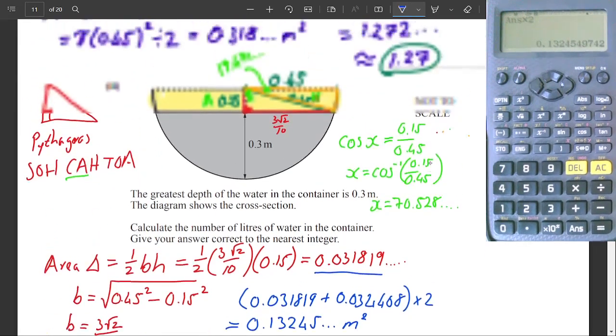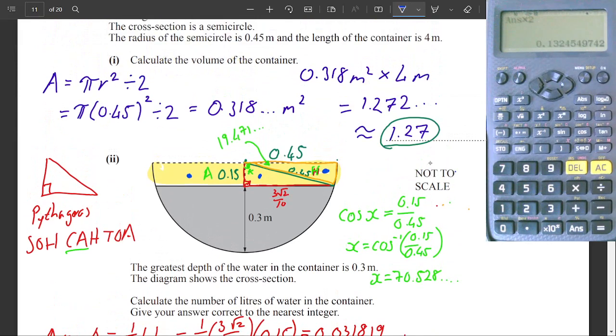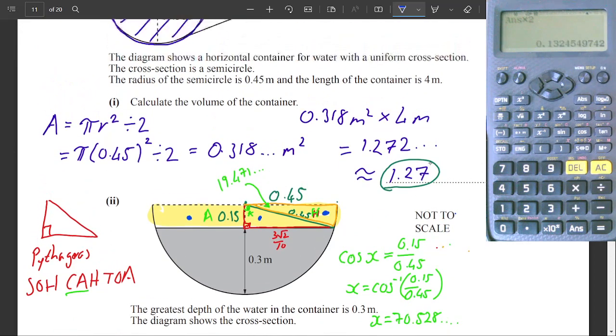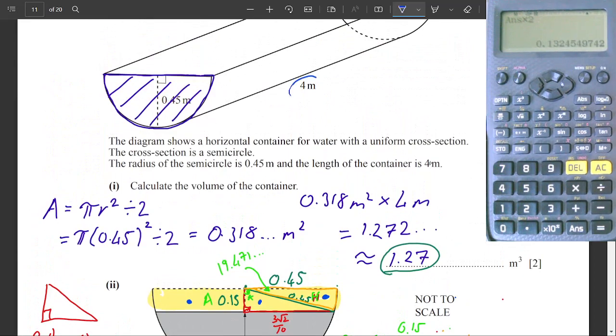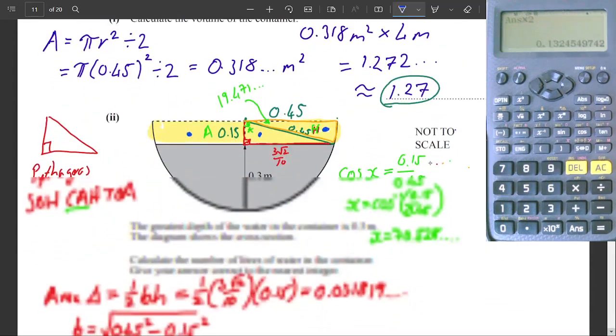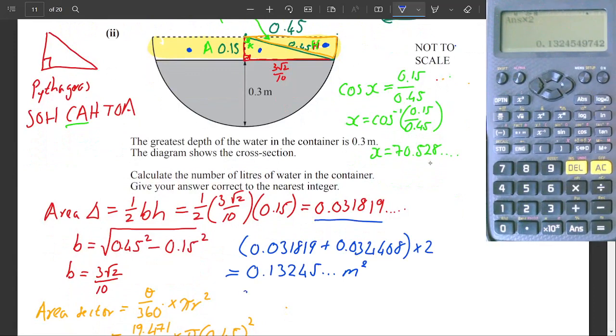Now, to find the volume of that blank space above the water in this semicircle square trough, we now need to multiply it by the length, which is 4. So if I take that value, 0.13245 times 4, I will have the volume. The volume of that is 0.52981, etc. meters cubed.